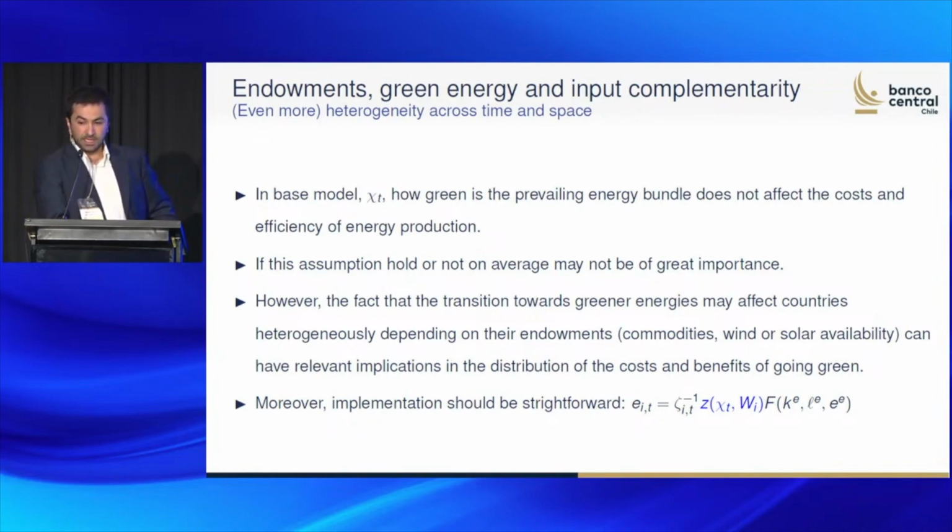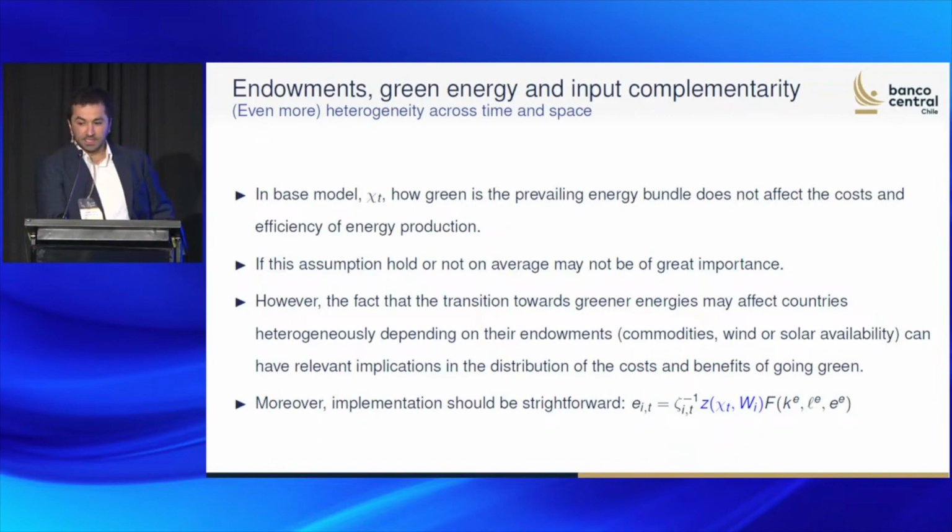Now, if this assumption holds or not on average may not be of great importance for the overall conclusion of the paper. However, the fact that the transition toward green energy may affect countries heterogeneously, depending on their endowments, being commodities, being wind, being solar availability, can have relevant implications in the distribution of who's the winners and who's the losers of going green.